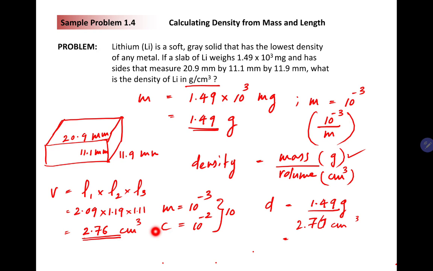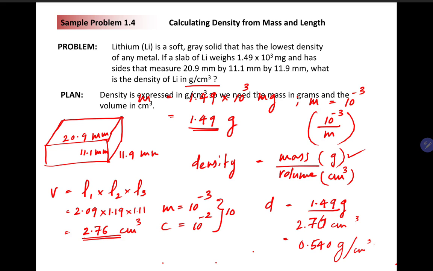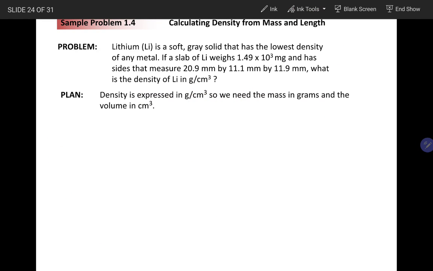What I got was 0.540 grams per cubic centimeter. Hopefully this is the same as the answer I have, otherwise I did a calculation error, but you can't see it, of course.